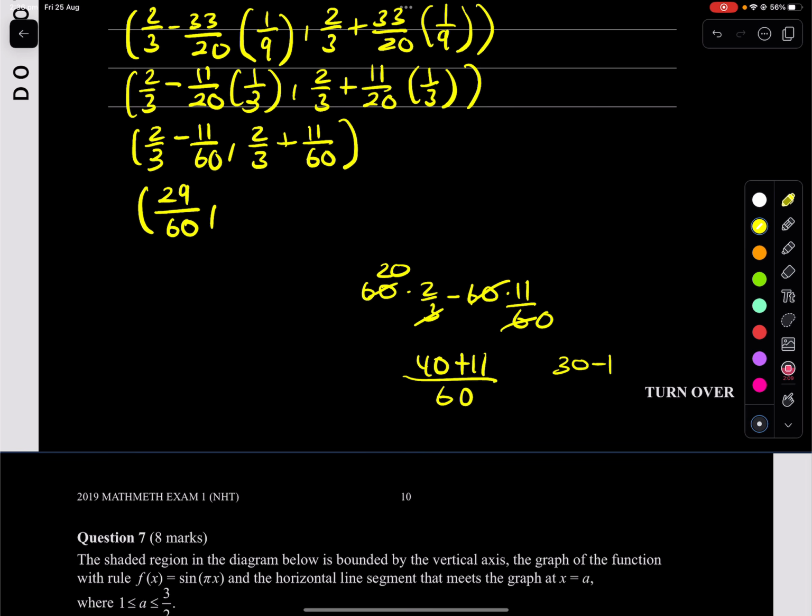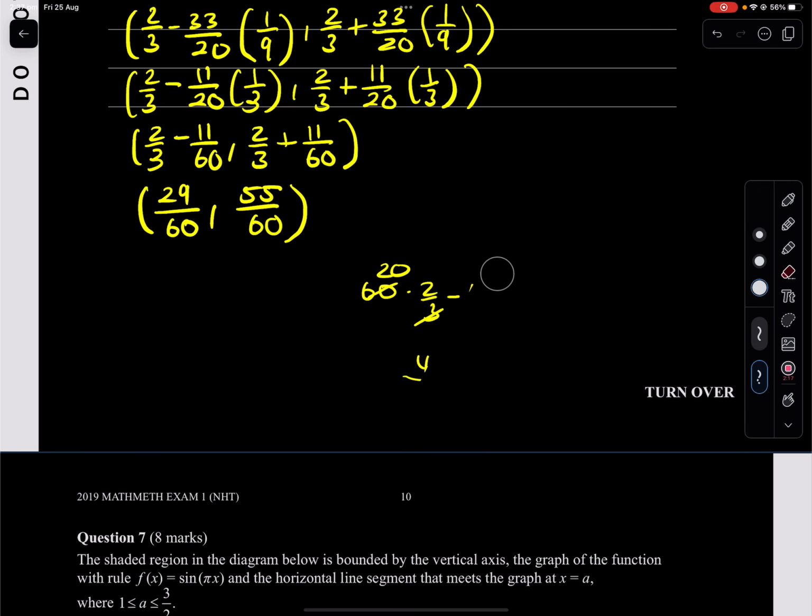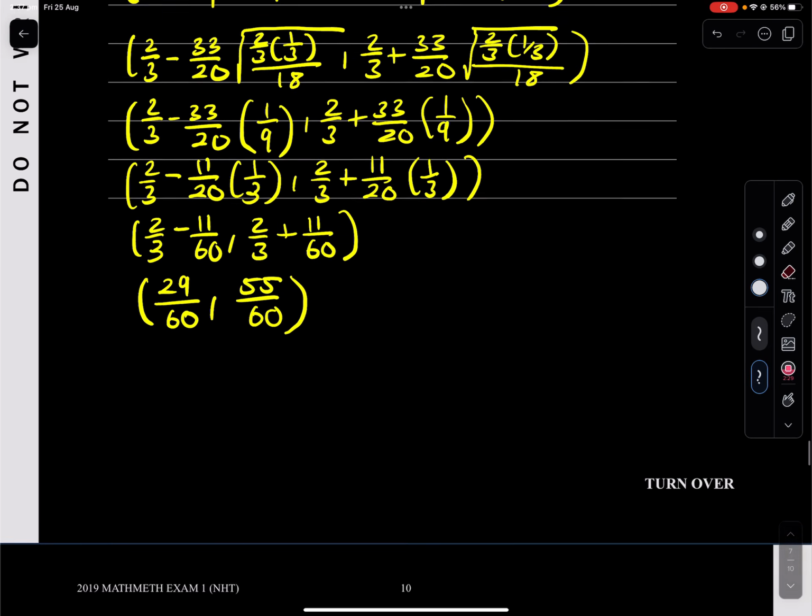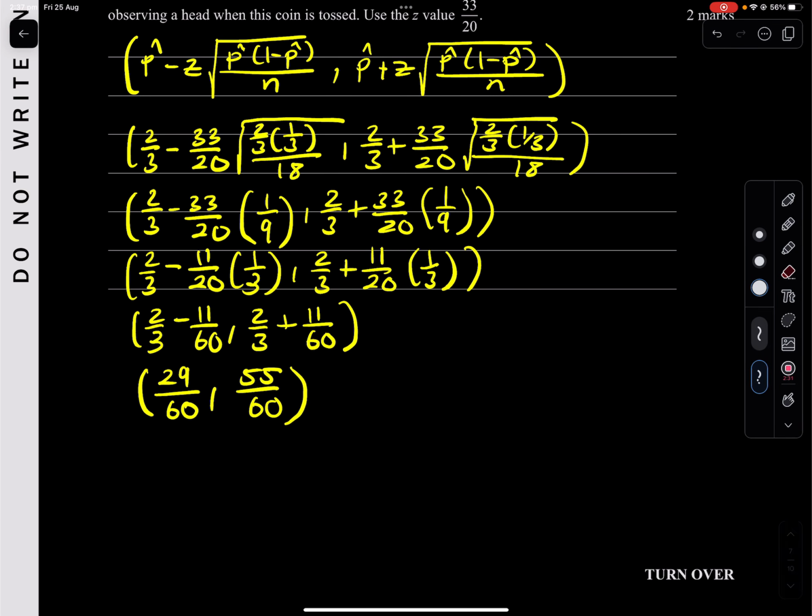The other one is just going to be a plus. So it'll be 55 on 60. Is that right? 29/60, this. Yeah. Is that right? I'm just not too sure if I've done the calculations right over here.